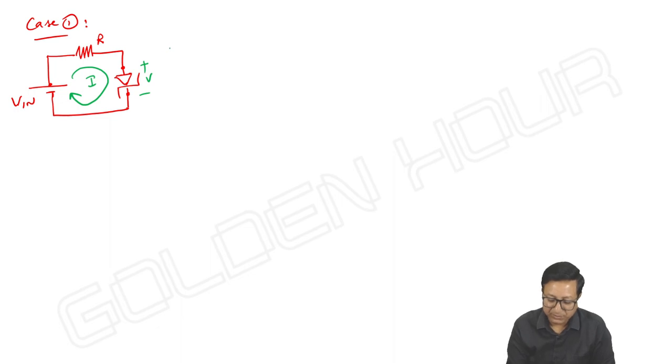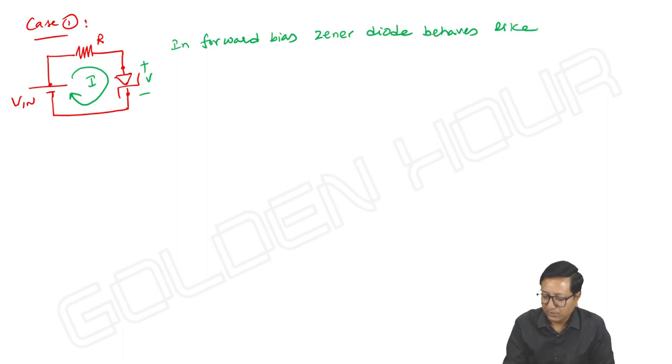So in forward bias, Zener diode behaves like ordinary PN junction diode.